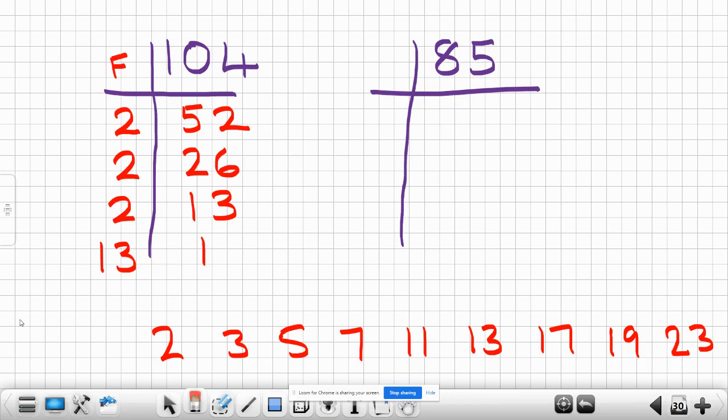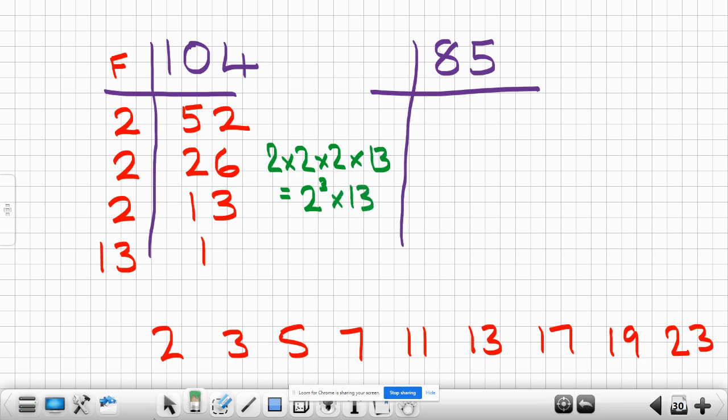So writing 104 as a product of its primes would be, let's see if I can squeeze it in a different colour, 2 times 2 times 2 times 13, and I could abbreviate that to 2 to the power of 3 times 13.